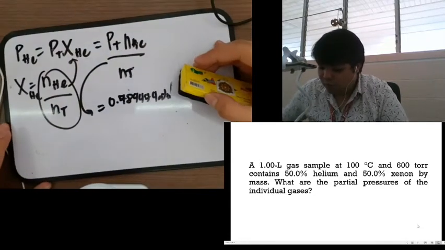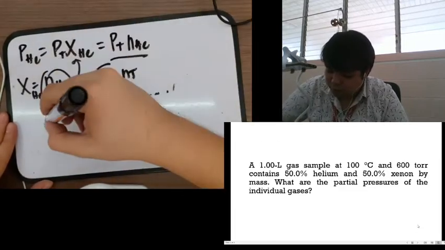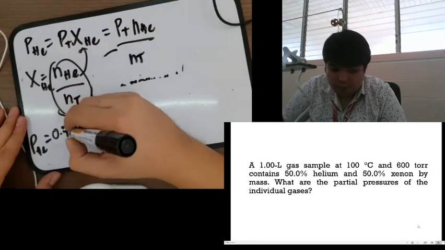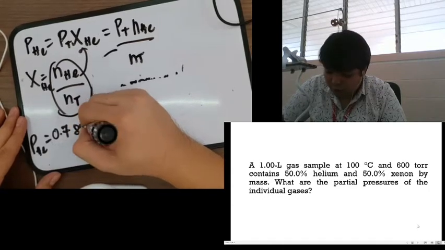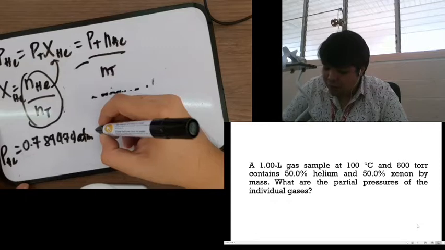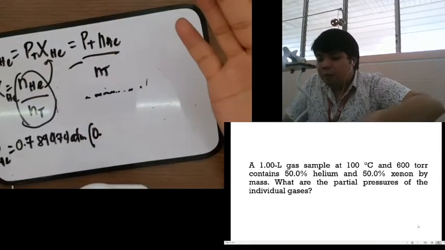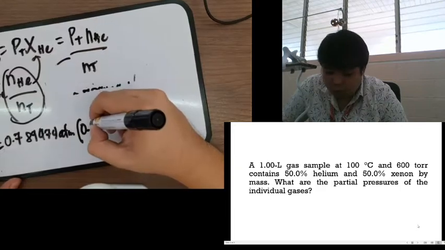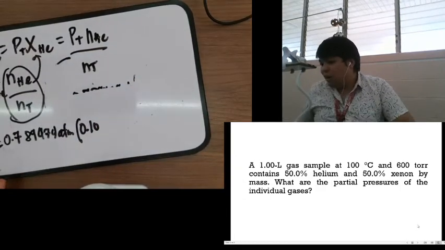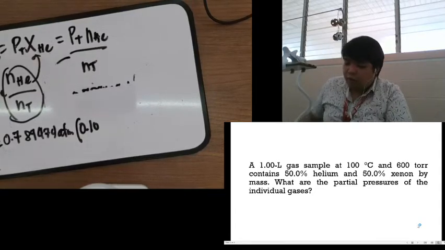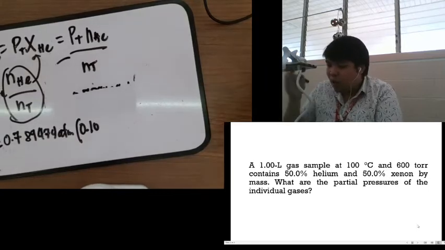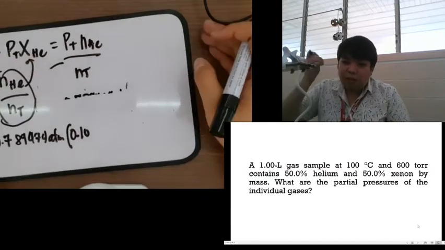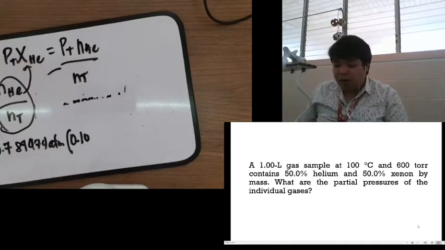So, is equal to 0.789474 atm multiplied by, since I did not show the number of moles of helium, we get it from its number of grams. Guys, when I solve, as much as possible, I solve it directly. I don't plug in intermediate values and then use them in my final equation, because that is also a source of error in your calculations.